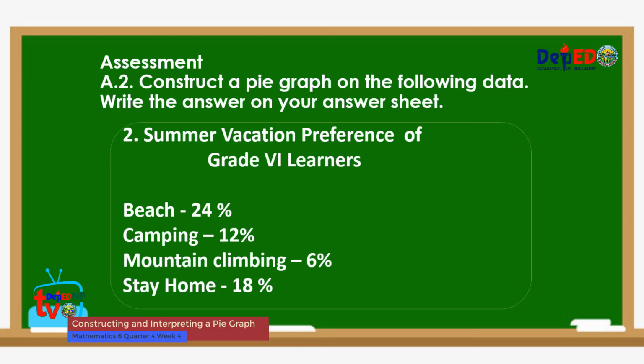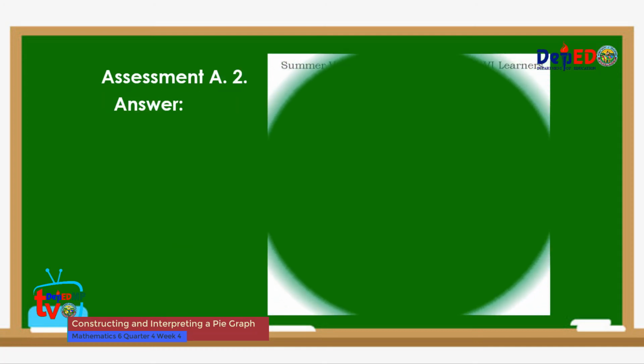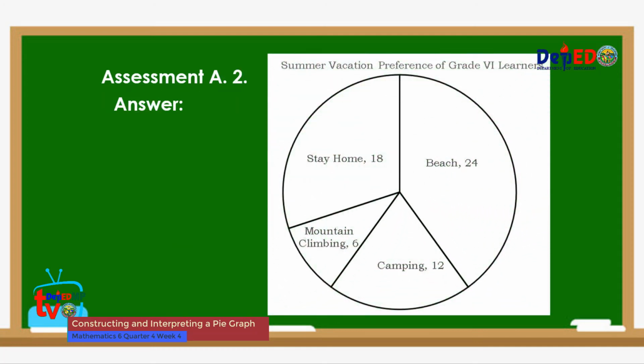Again, you have 5 seconds to make your own pie graph. Time's up. This is the answer in assessment A number 2. Check if you have the same pie graph.